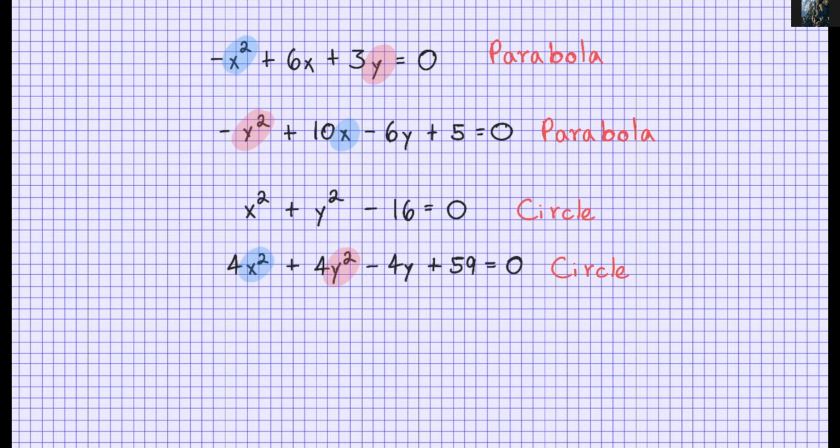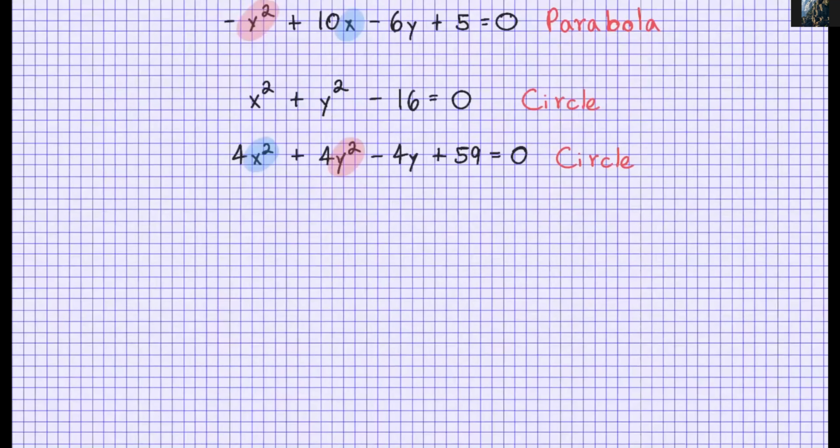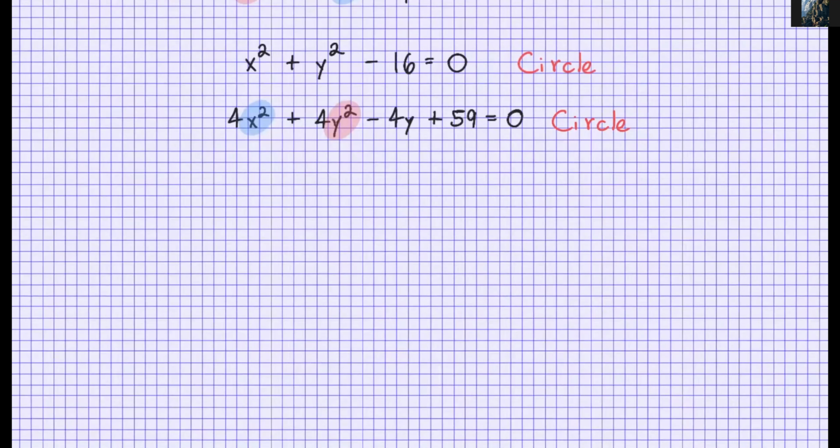Now, what happens when both of my variables are positive, but they have different coefficients? For example, something like this: 49x squared plus 4y squared minus 196x equals 0.